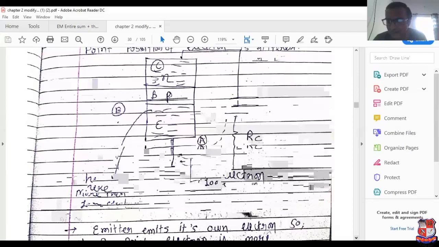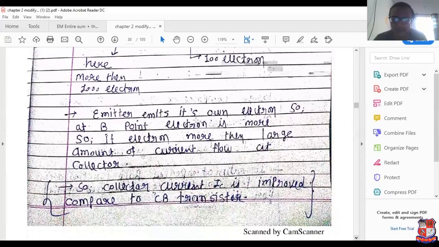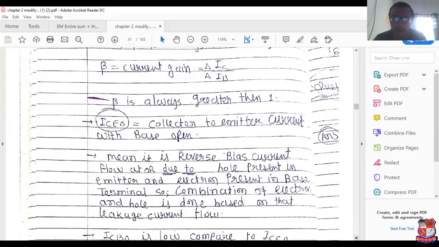That's why the emitter current is always large. The emitter emits its own electrons, so at point B the electrons are more, and a larger amount of current flows at the collector. So collector current is improved compared to common base.